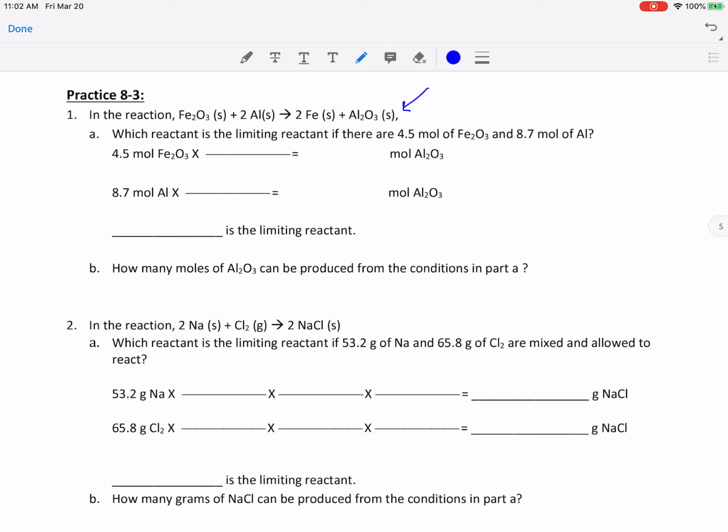So this is Fe2O3, iron(III) oxide, reacting with aluminum solid and producing iron solid and aluminum oxide. So once you are given the mole of each, that's what is given, you can calculate the mole of product.